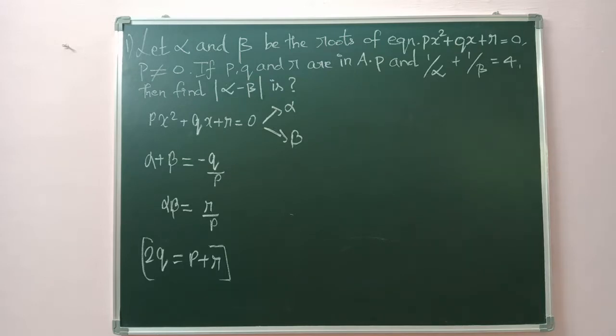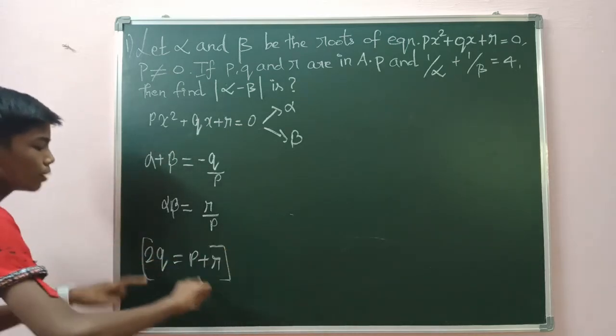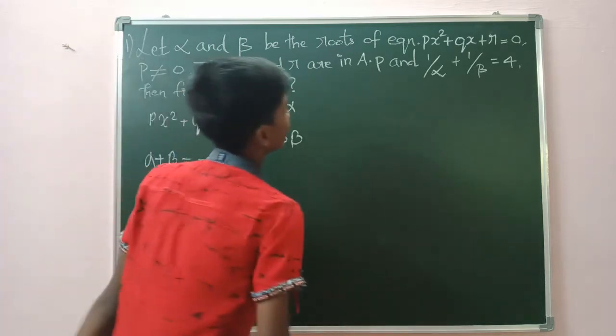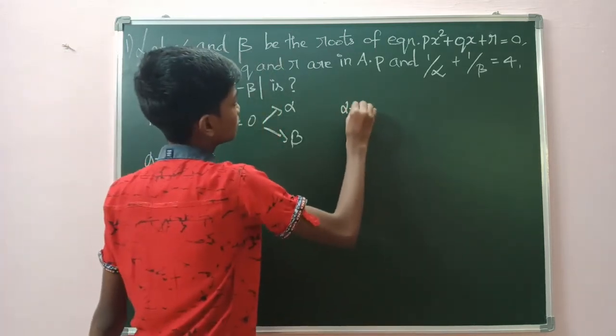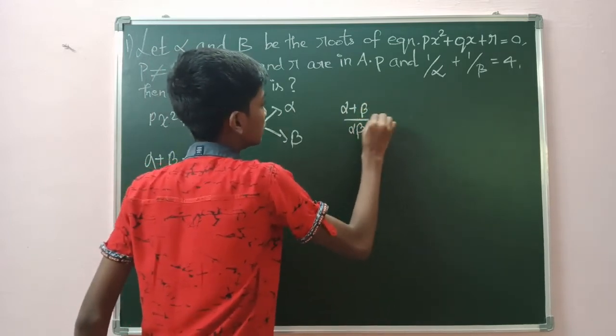So now people, please understand one thing. Let me take this as one equation. Consider this as one equation, and that is why I put a bracket on it. Now in the question they gave one clue: 1 by alpha plus 1 by beta is equal to 4. If 1 by alpha plus 1 by beta is equal to 4, then alpha plus beta by alpha beta is equal to 4.